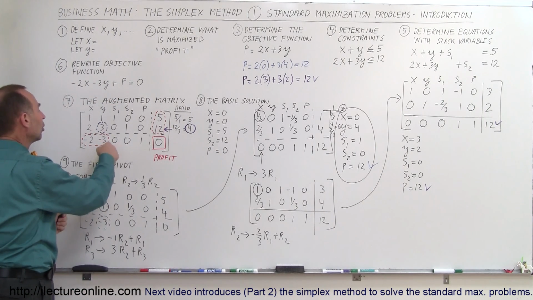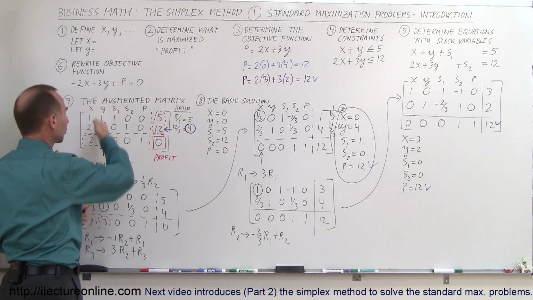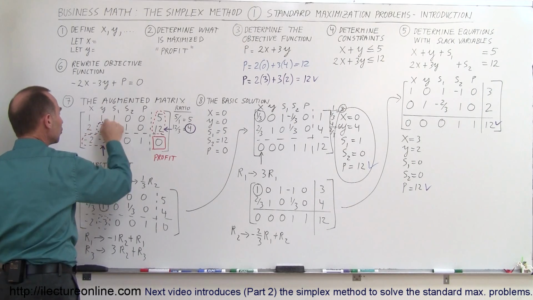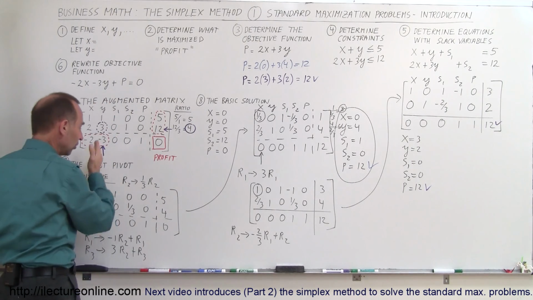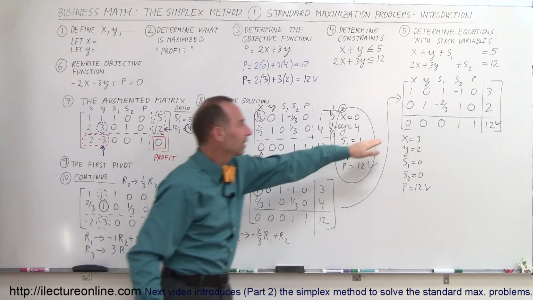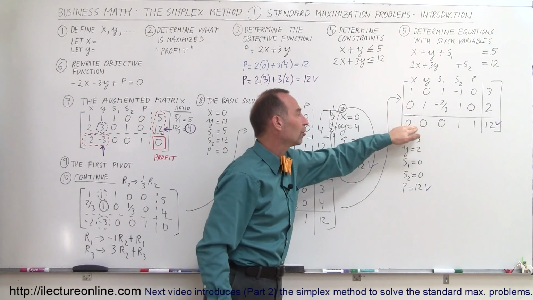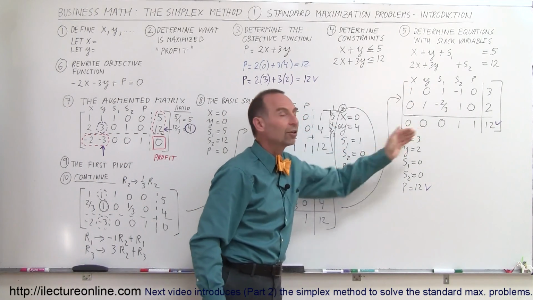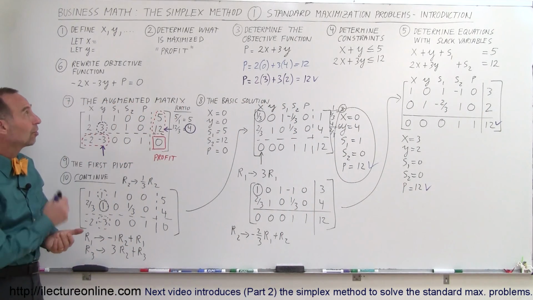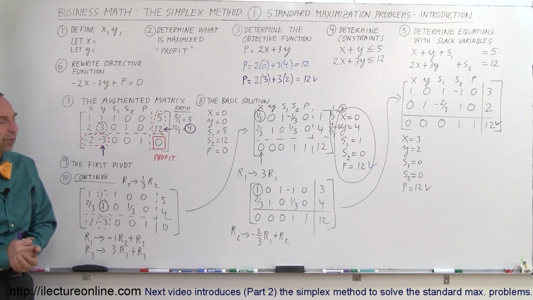It's always the largest negative number on the vertical and the smallest ratio on the horizontal, where they come together. You turn that into a 1, everything else into zeros, and then you simply follow that method until you've turned these into positive numbers or zeros, and you have values for your important variables x and y. And that's how you use the Simplex method to solve standard maximization problems.